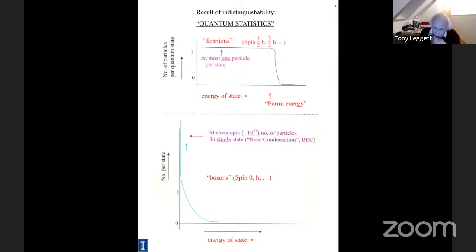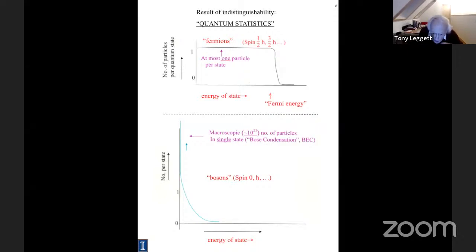If the spin of the particle in these units is half integral, a half or 3 halves or 5 halves, then they're called fermions, and they are very xenophobic. They tolerate at most one particle per state. And so they fill up the states of lowest energy up to a characteristic energy called the Fermi energy. And after that, the distribution basically drops sharply to 0. So that is not in itself terribly interesting.